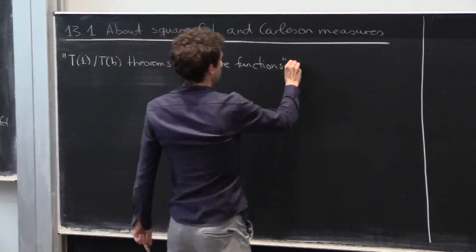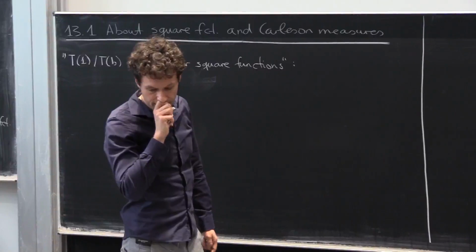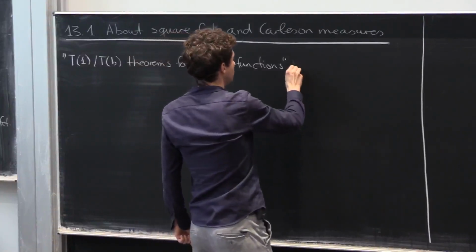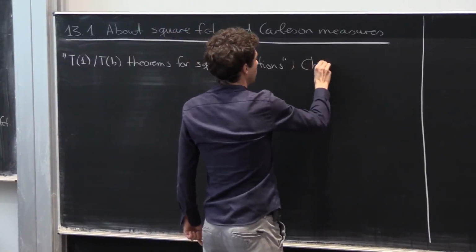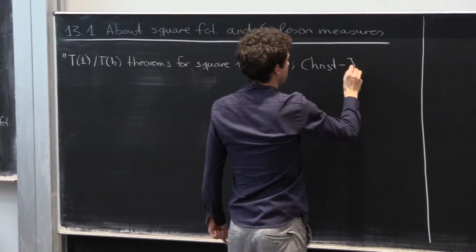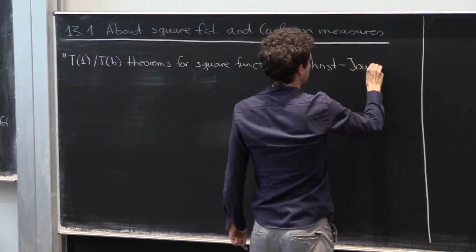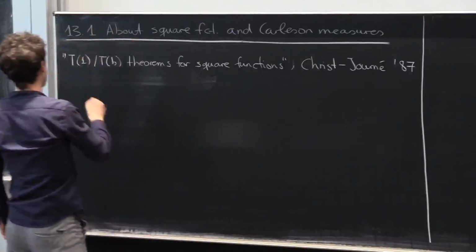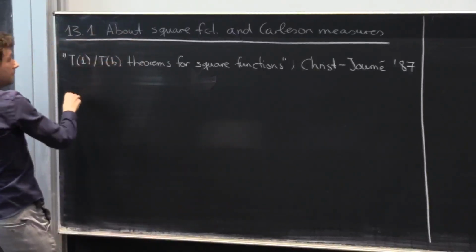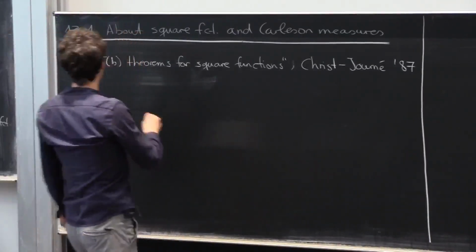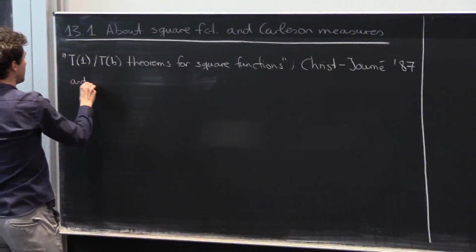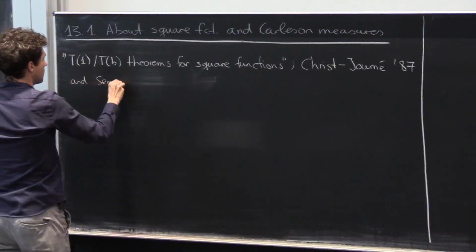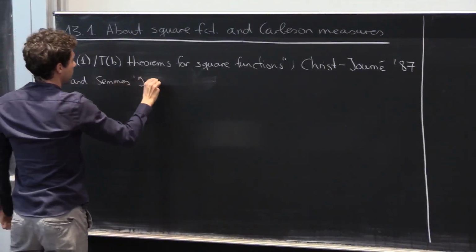So these T1 and Tb theorems, they appeared in the work of Michael Christ and Jean-Lin Journé in '87, and then this was T1, and then Tb was Stephen Semmes in 1990.